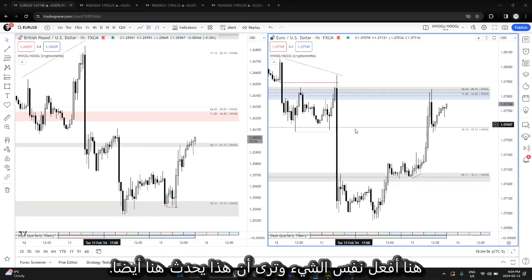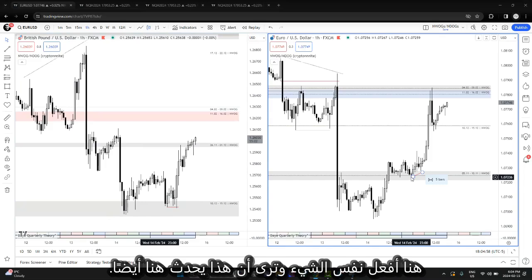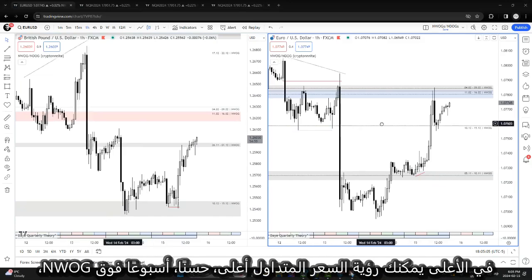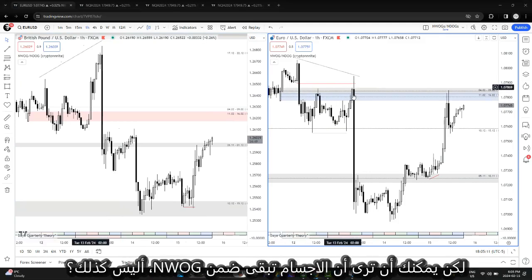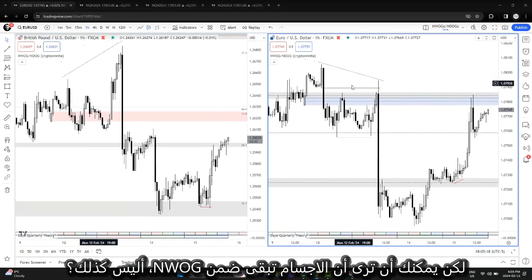Over here, I'll do the same thing, and you see that this happens here as well. Above here, you can see price wick above the new week opening gap, but you can see that the bodies stay within the new week opening gap, right?